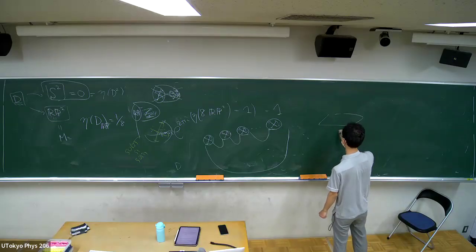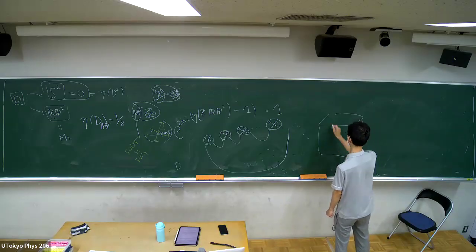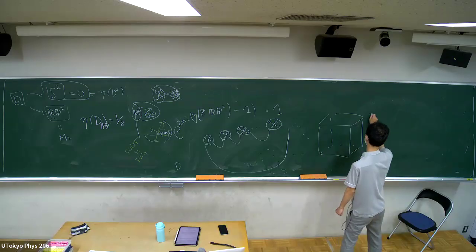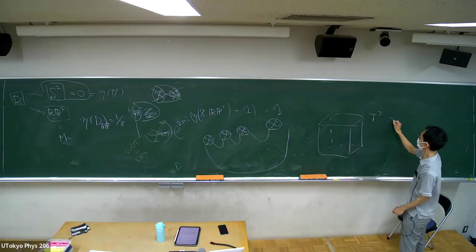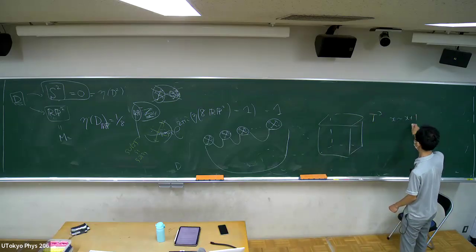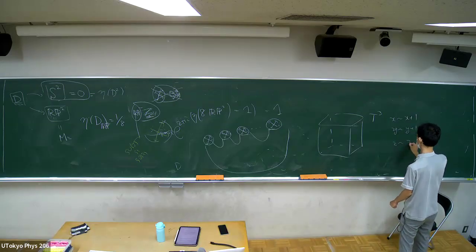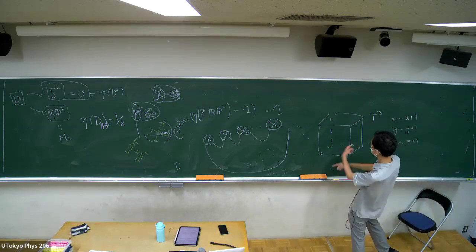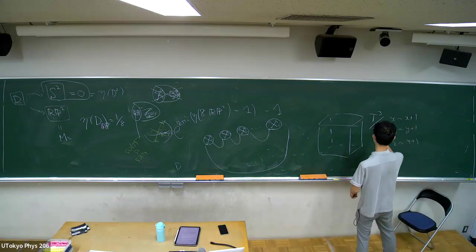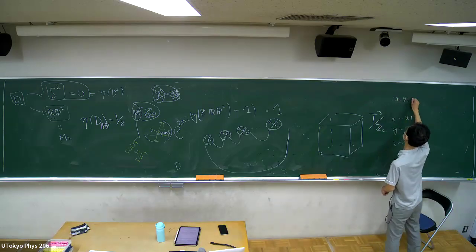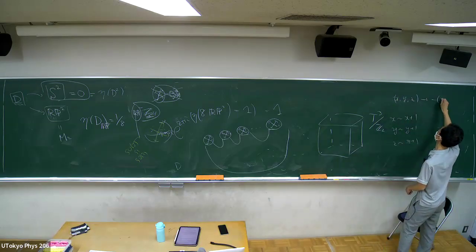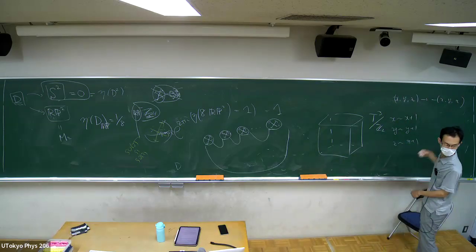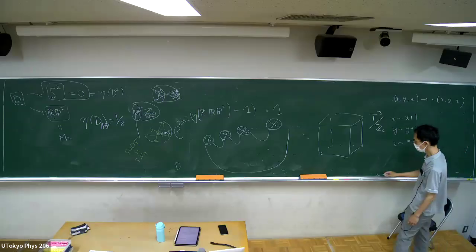So we start from T3, right? This has the identification x plus 1, y plus 1, z plus 1. Now we take the identification by Z2, which sends x, y, z to minus x, minus y, minus z.